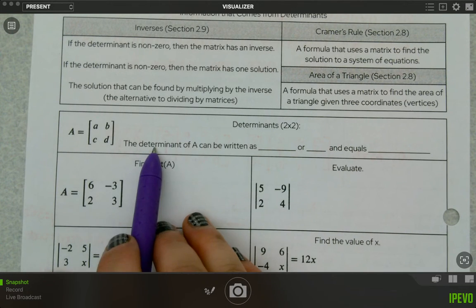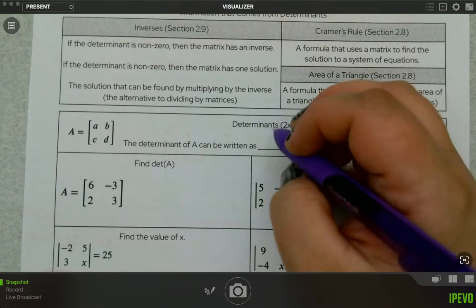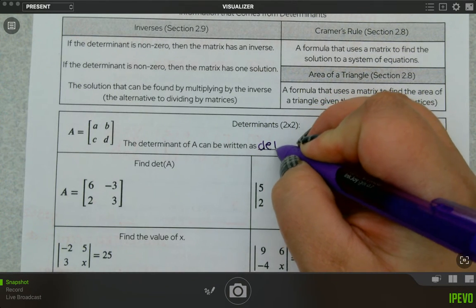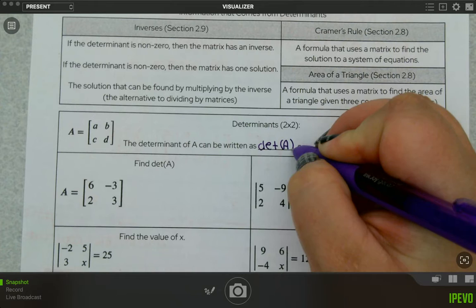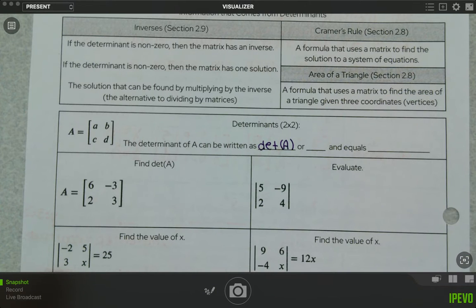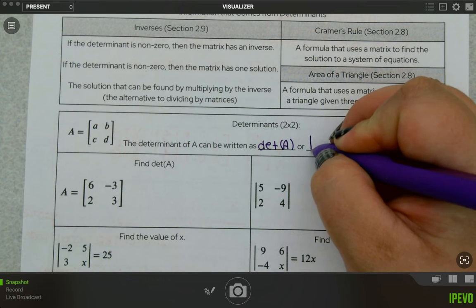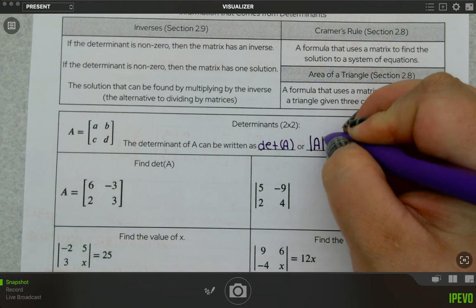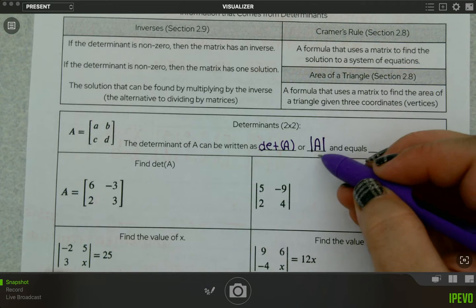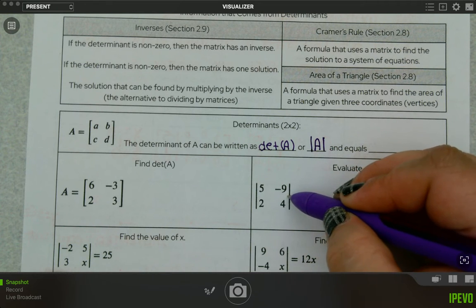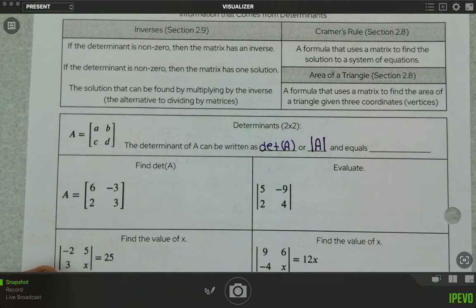So if I want to find the determinant of this matrix A, I can either write DET parentheses A, DET standing for determinant, or I can write it in bars like this. Those are not absolute value bars. They mean determinant. Okay?